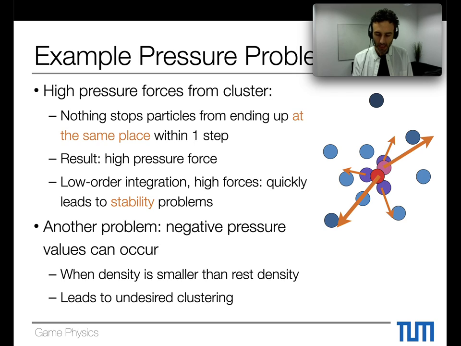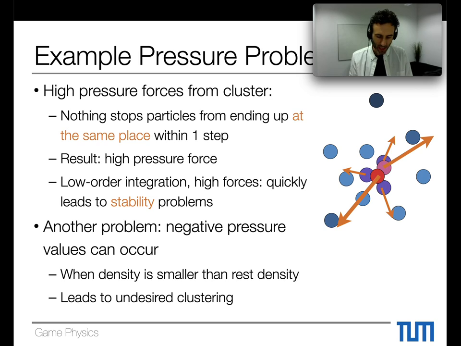And as a consequence, we will get a very high density for the particle, especially the one in the middle here. Hence, we'll also get a very large pressure. And a large pressure here with a fall-off means we have a very large gradient, meaning the particles in this neighborhood, maybe especially this one, will get a very large force pushing it out of this region. And as I'm sure you know by now, large forces per time step with explicit time integration, that's bound to cause trouble. If I'm unlucky and too many particles go into one place, then this will blow up.